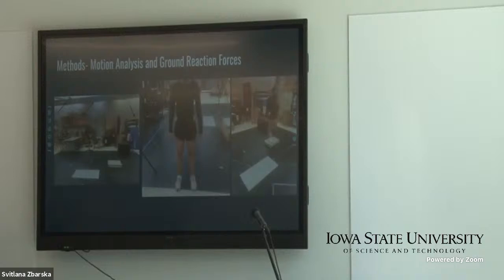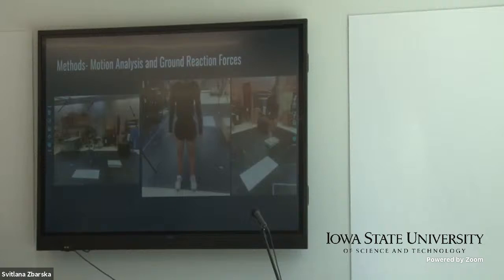Also to just quickly note, the system doesn't actually capture the participant itself, just those reflective markers, so no identifying information is present. In this first picture, you can see an example of how the lab is set up for my study in particular, and I used these black arrows to point out some of our hanging cameras and then our standing cameras.